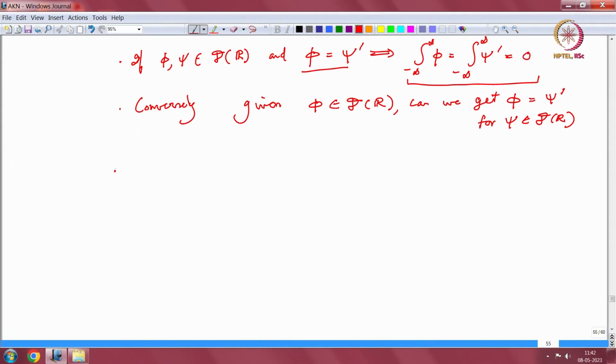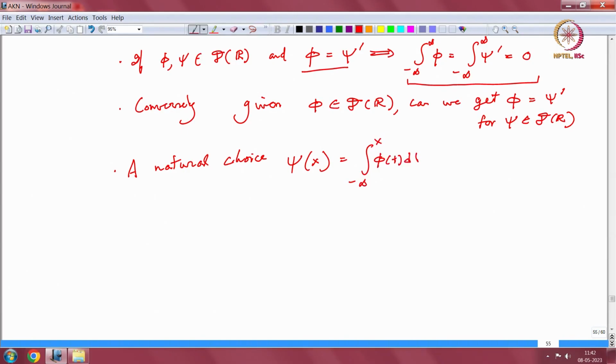So, a natural choice for this is a kind of antiderivative. For any phi, you define psi of x equal to the integral from minus infinity to x of phi of t dt.